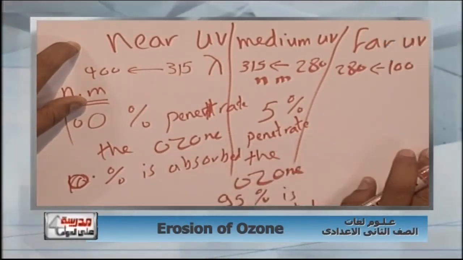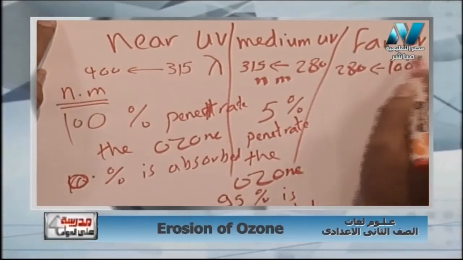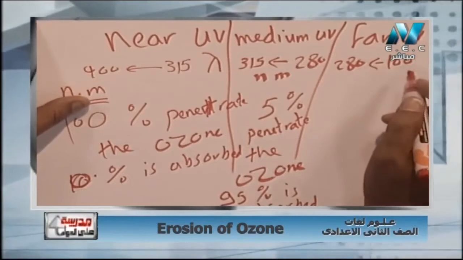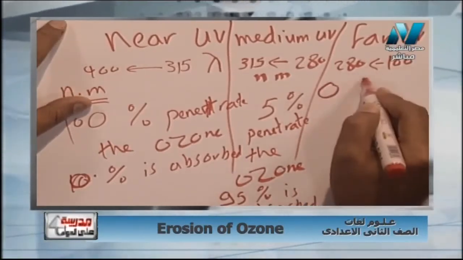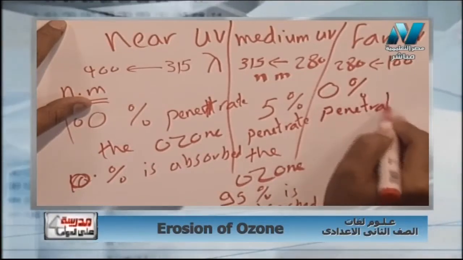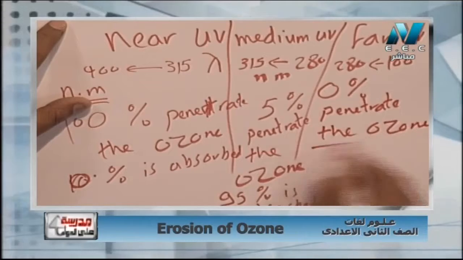Only 5% can penetrate it. But for far UV, it is very harmful, because it's not allowed to penetrate the earth. 0% penetrates what? The ozone layer. Okay.